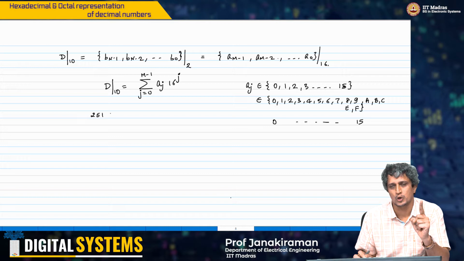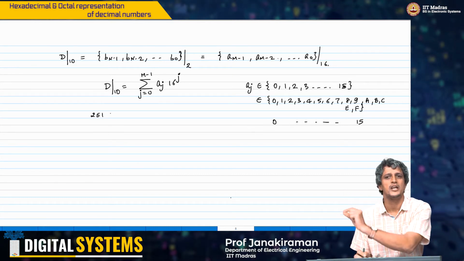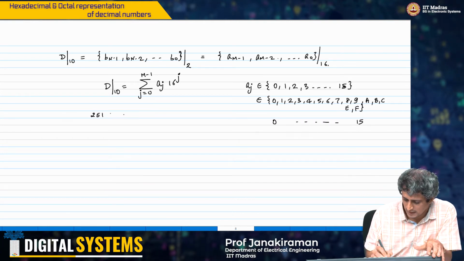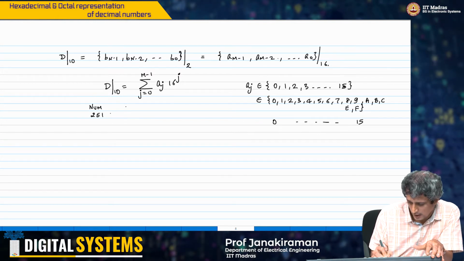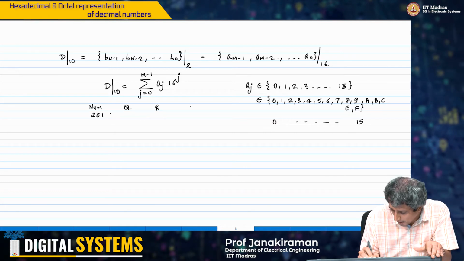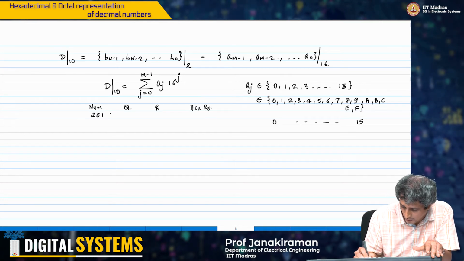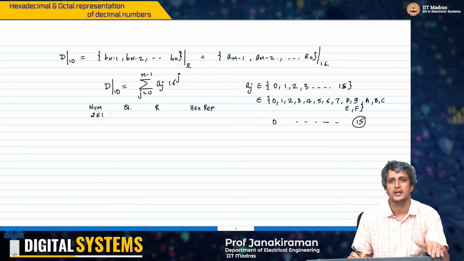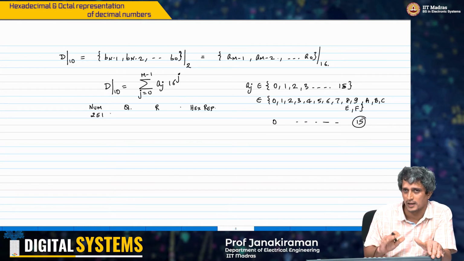We said we are going to divide by 2, keep track of the quotient, and the remainder is going to be one of the digits or symbols that we get. So I will write the number here, the quotient, the remainder, and the hex representation. For example, I could get a remainder of 15, in which case I will represent it as F. This is very important. I'm going to keep track of this separately here, right?